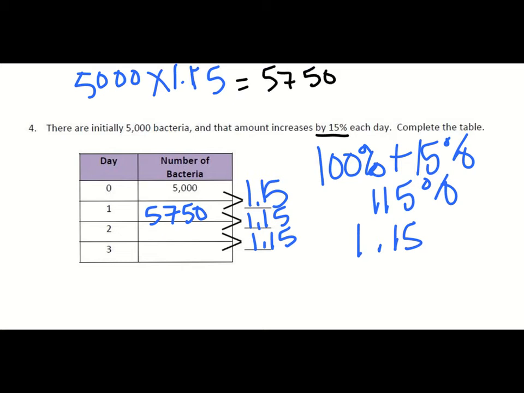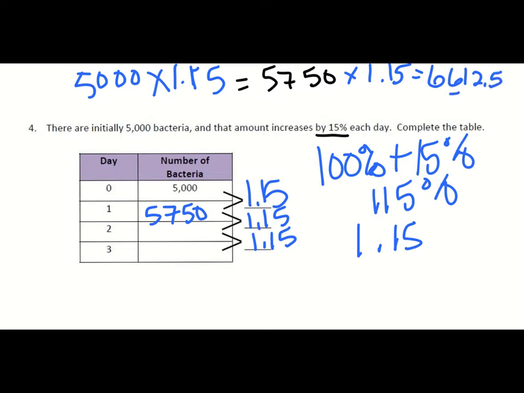Okay. So 5,000 times 1.15 gives me 5,750. And then if I multiply by 1.15 again, you get 6,612.5.